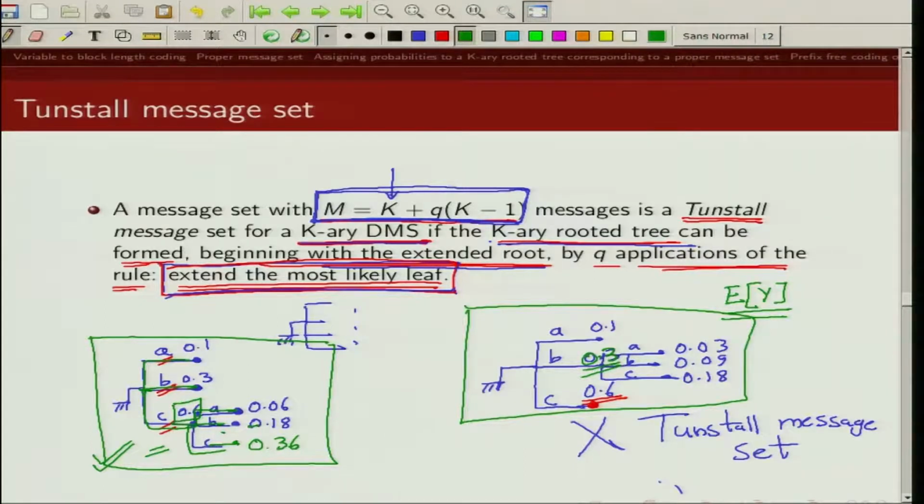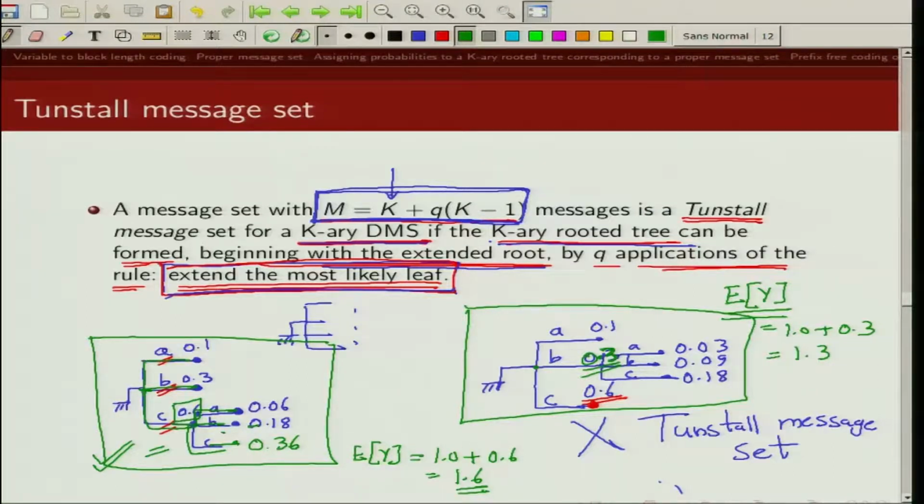In this case I extended a leaf which has 0.3 probability. Now compute the expected value of y here. In this case it will be 1 plus 0.6, so it is 1.6. What is the expected value of y here? The root has probability 1 and this node which has been just extended has probability 0.3. So this expected value of y is 1.3, whereas here it is 1.6.